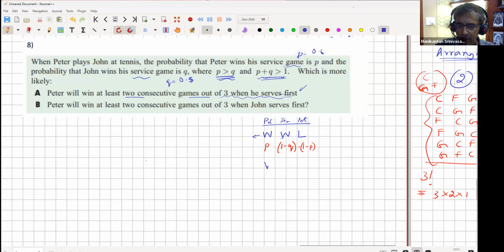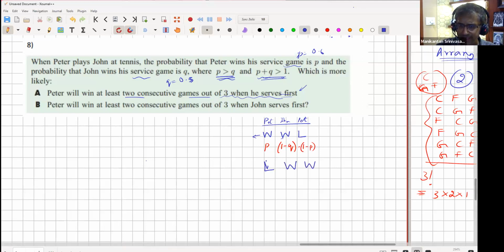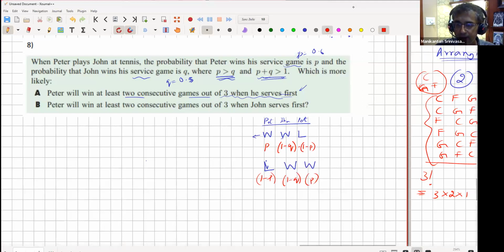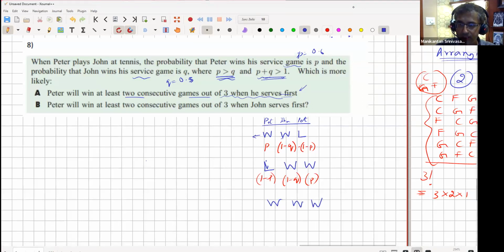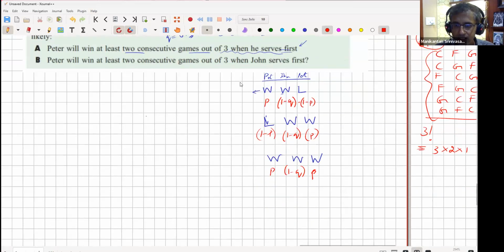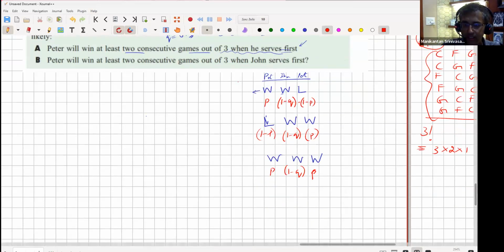Now he can also have loss, win, win, which will be exactly the same, because on his serve he's losing. So it's 1 minus P, then 1 minus Q, and then on his serve, winning, P. And then the other case where he wins and wins: for him to win on his own serve it's P, on the other guy's serve it's 1 minus Q, and on his own serve again it's P. Now we just have to add all of them. When I add all three quantities, you can simplify.